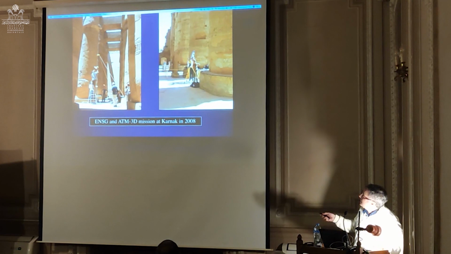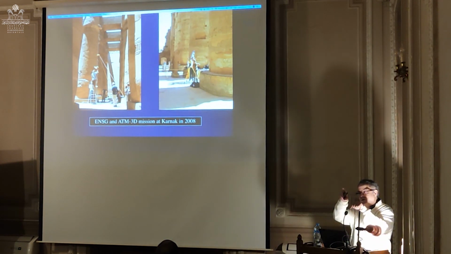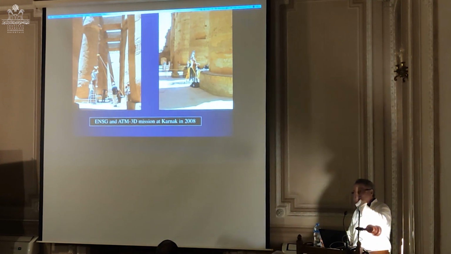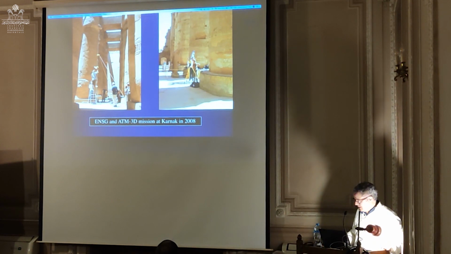So you see here an 8-meter pole that is used with 2 cameras on top and 2 cameras at mid-height, directed in different directions. So it was possible to take 4 shots of each section of column. So there were 8 times 4, so 32 shots taken of each column.